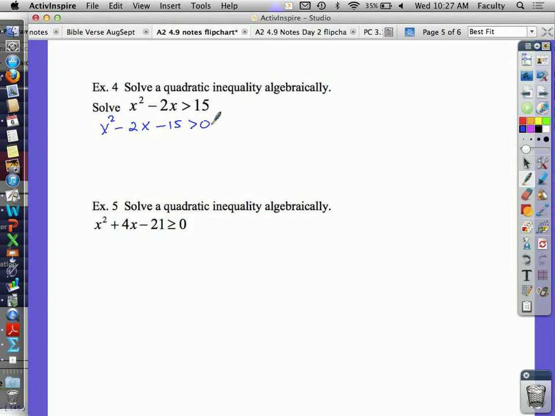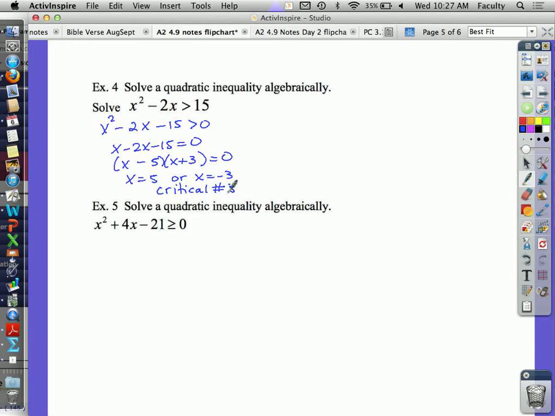So I have x squared minus 2x minus 15 greater than 0, and then we're going to set it equal to 0. And then we factor it. So then x equals 5 or x equals -3 are my critical numbers.